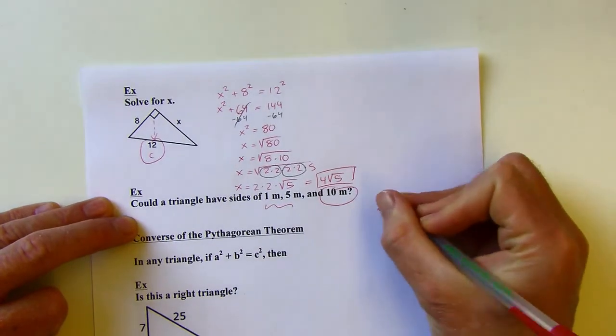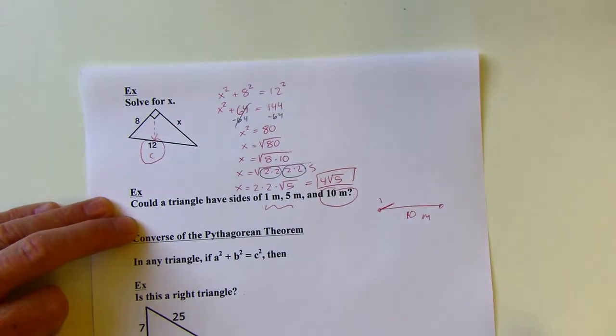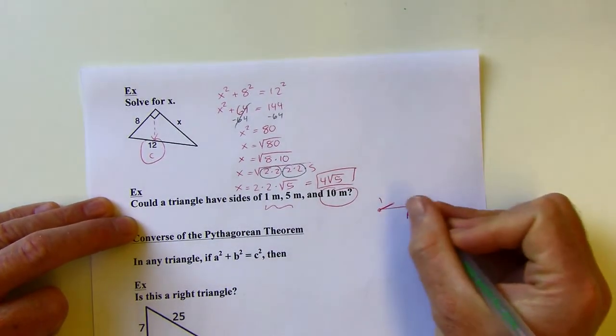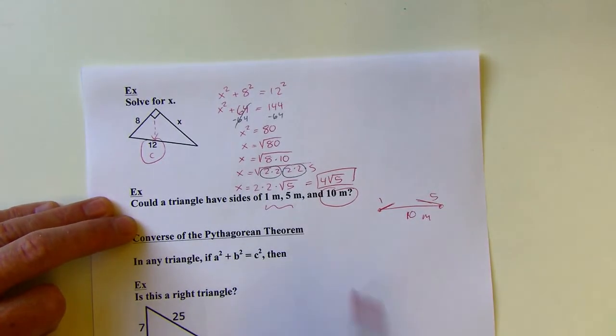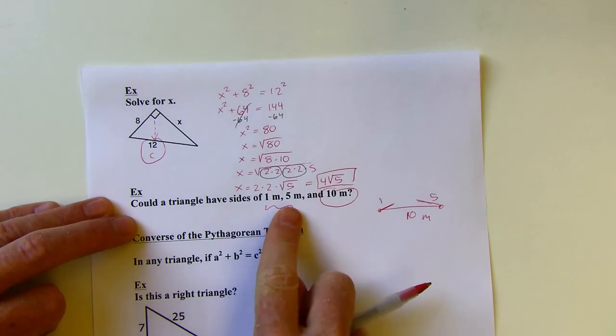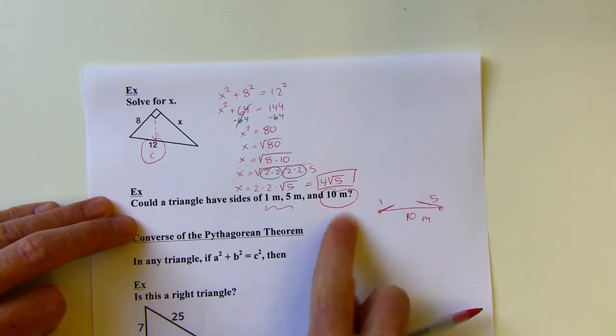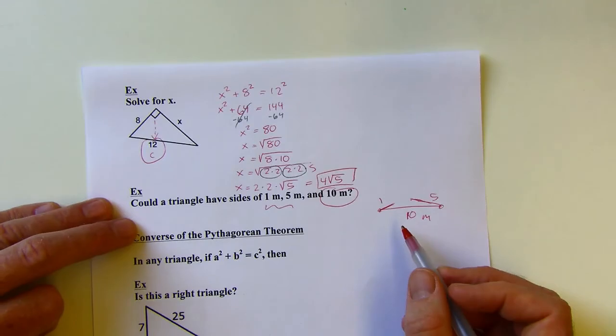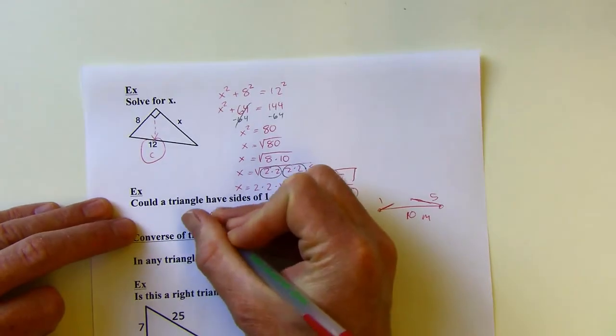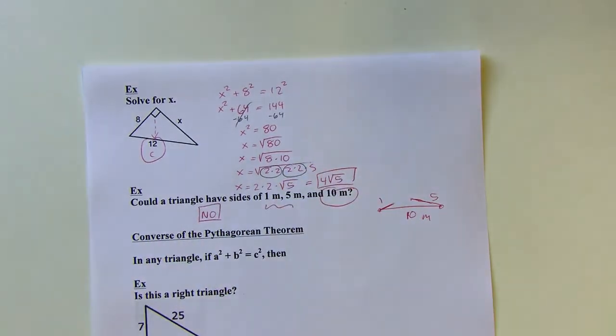So let's see, I'll put the 1 over there, something like that, and I'm just sketching this, obviously not measuring this, but those bridge pieces aren't big enough, right? So the sum of the 2 smaller pieces has to be greater than the bigger piece so that you have enough bridge to cover the river. Okay, so this is going to be a no. So just a reminder about that because that's going to come up again.